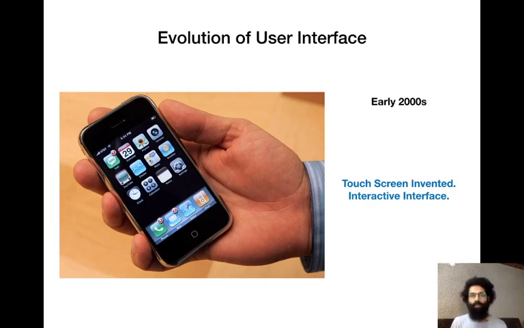So if you see the adoption of technology, the computer was being used by very few people, maybe a million or less, or slightly more, without keyboard, of course, without mouse, of course. When the mouse was invented, maybe 10 times more people started using it.